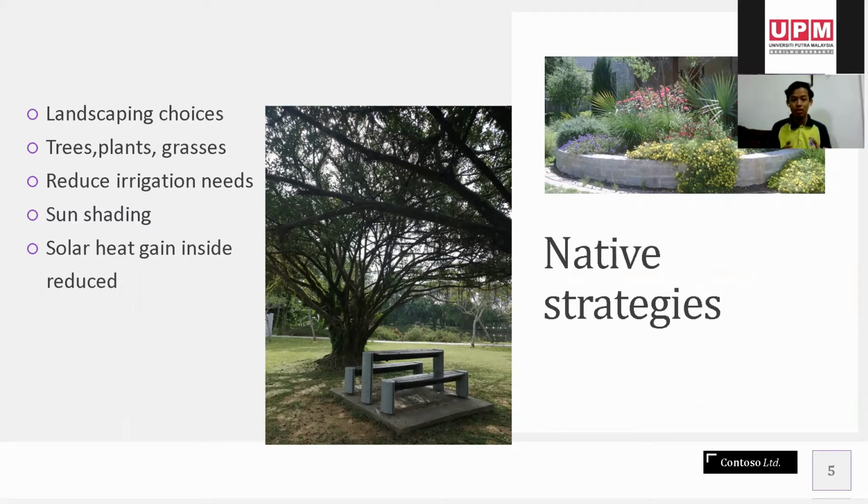It's about the building form, the core, how we have to place it in the surroundings. The surroundings that have trees, plants or grasses are the main natural impact to the sustainable building, and also we reduce the irrigation needs.